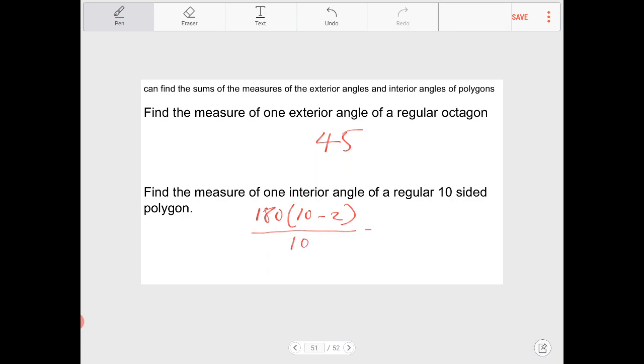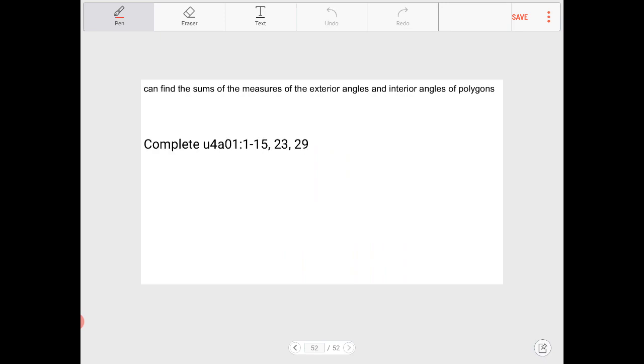Doing a little bit of math, this is the same thing as 18 times 8, or 144. So the measure of one interior angle of a 10-sided polygon will be 144 degrees. And that's it.